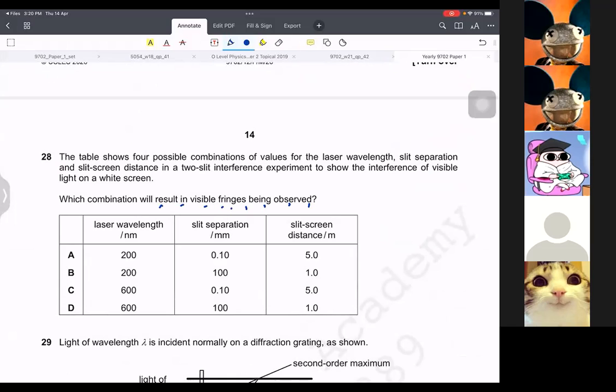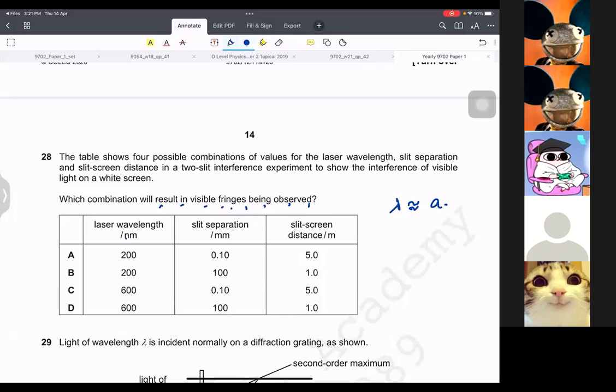Basically, the most visible fringes appear when lambda is approximately equal to the slit separation. Now we're going to check.